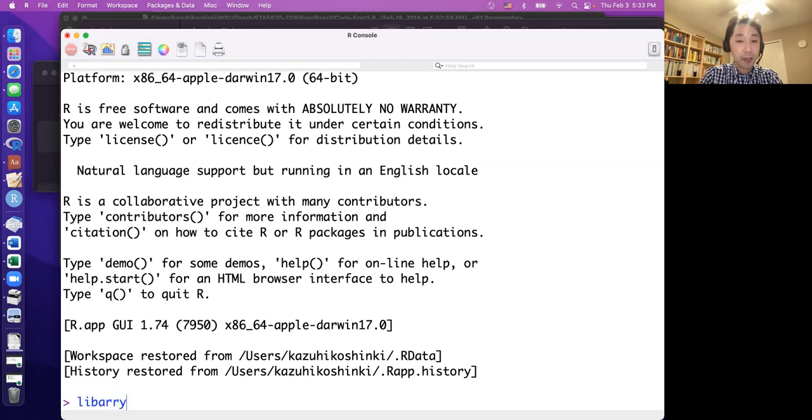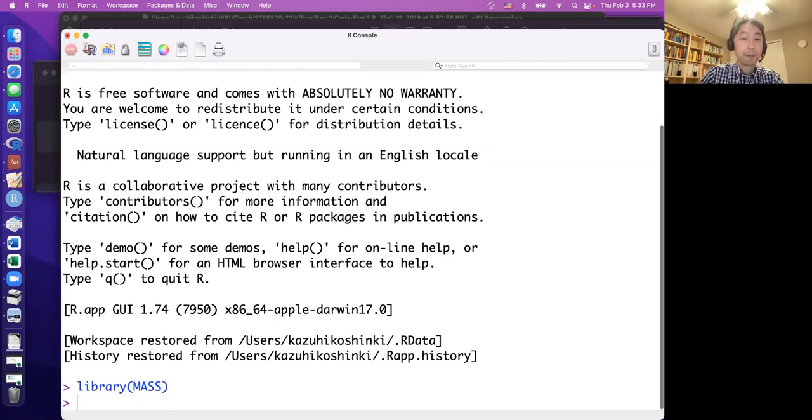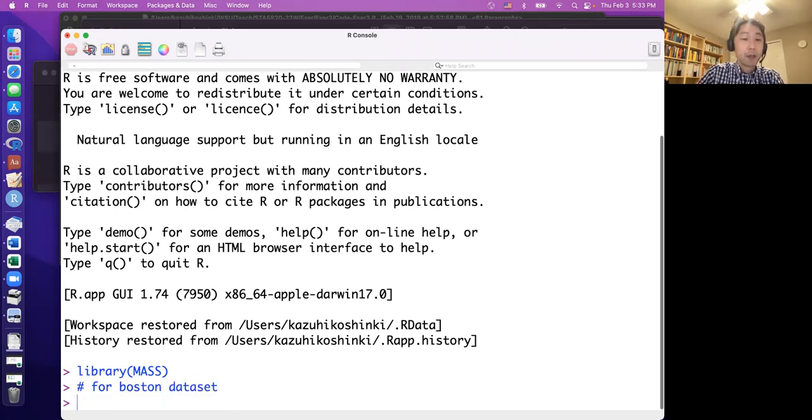At first you have to install the library MASS, just for the Boston dataset. If you have already installed MASS, then that should be fine. And if you haven't, then you can do package and package installer. Windows has a slightly different interface.